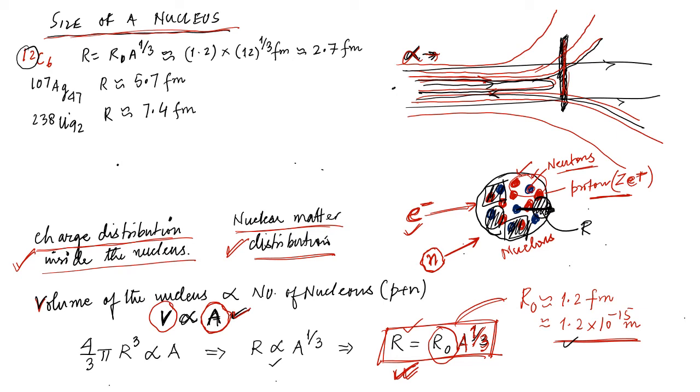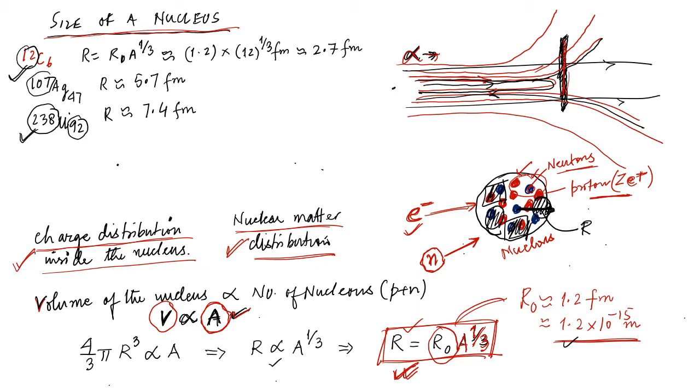Carbon 12 is lighter, while silver has 107 nucleons, and uranium 238 has 92 protons and so many neutrons. This is a heavier nucleus.